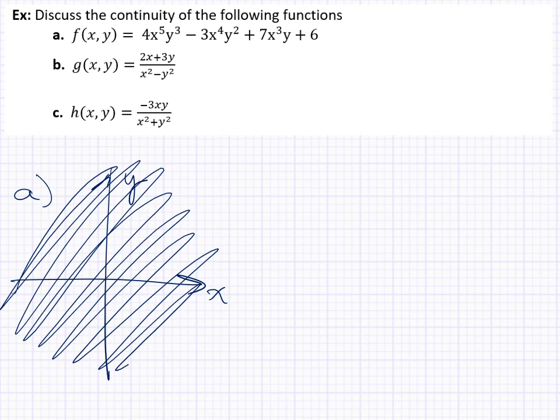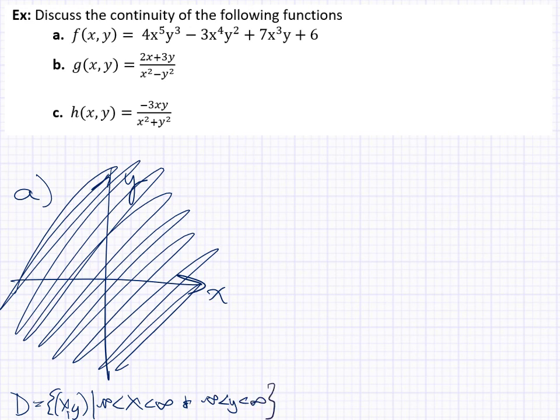Okay, so all x's and y's, the domain is the set of all x's and y's such that x is between negative infinity and positive infinity, and y is between negative infinity and positive infinity, right? So that would be that one.